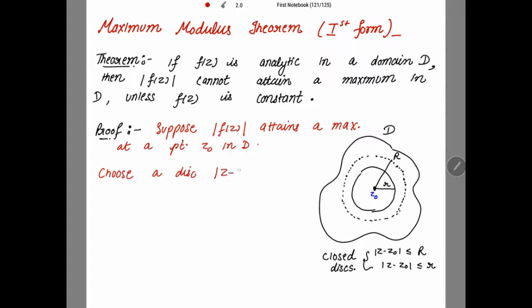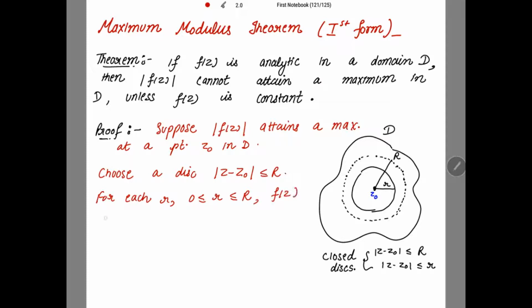Around this point I have drawn a disk having the radius capital R, and for each small r where small r is less than or equal to that capital R. Alright.